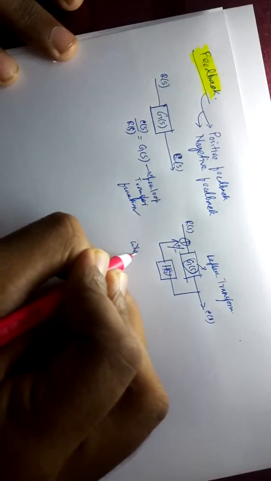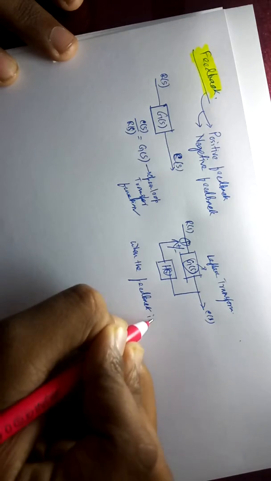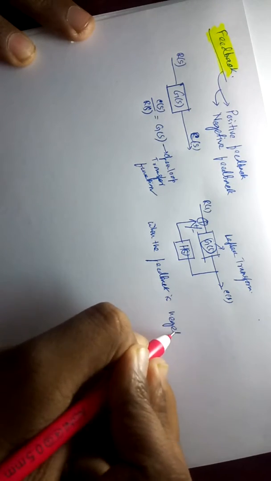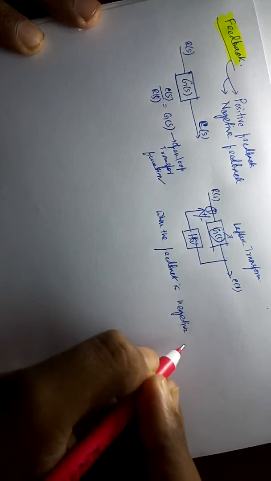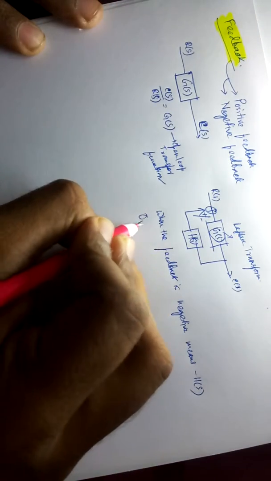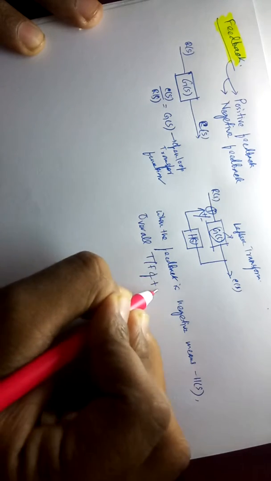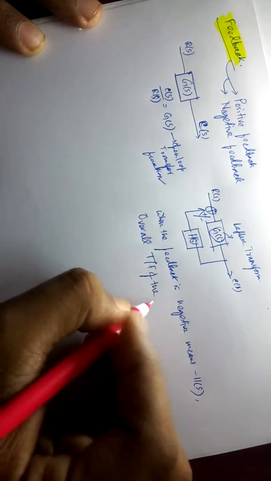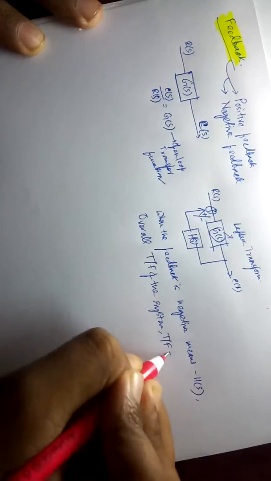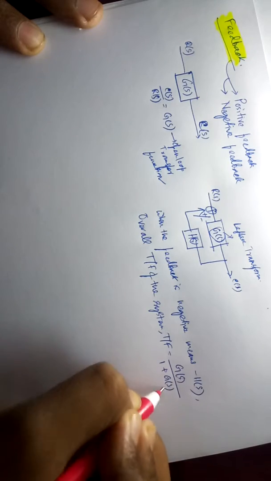When the feedback is negative, means minus H(s), then the overall transfer function of the system will be like, I am writing this, G(s) by 1 plus G(s)H(s).